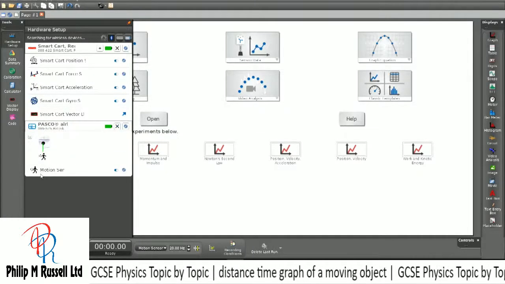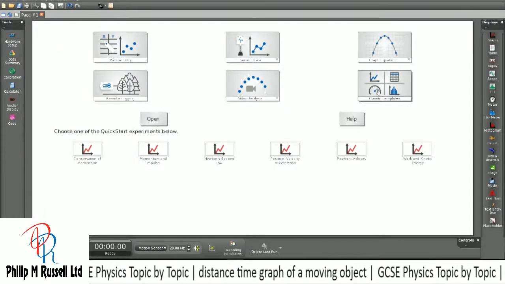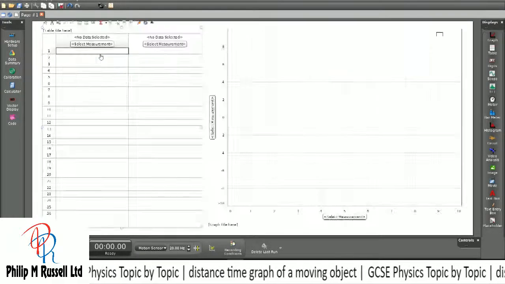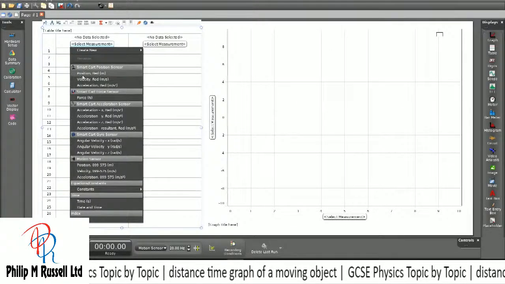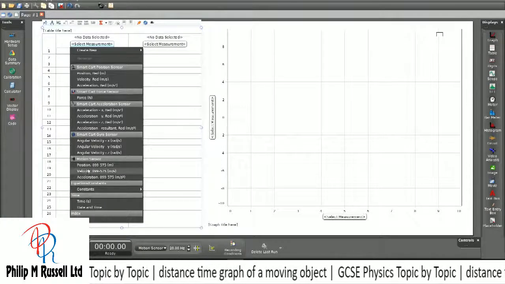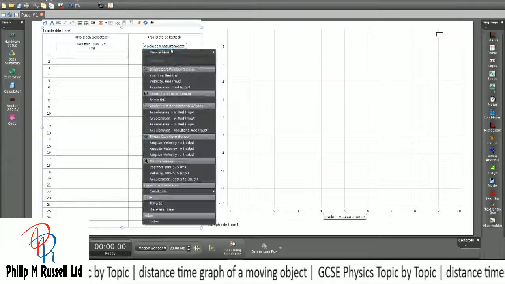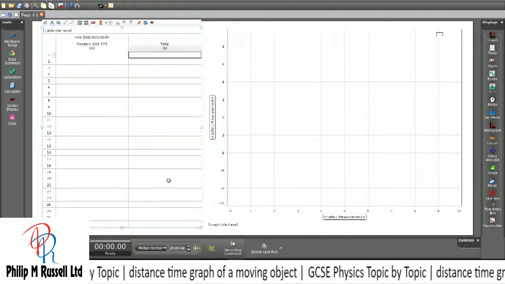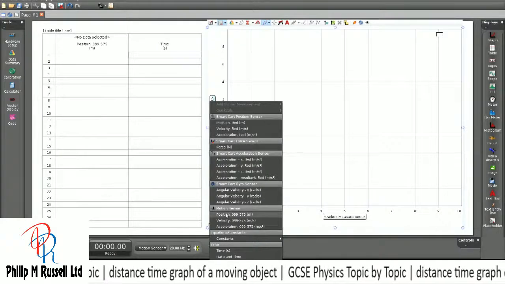And it says it's got a motion sensor on it. So let's have a look at recording here on the motion sensor, the position, and I'm going to just do the time, and we'll see if we can do the same thing on this one.